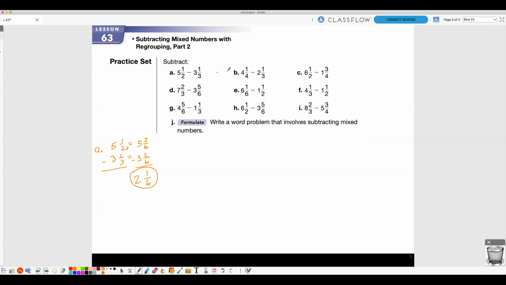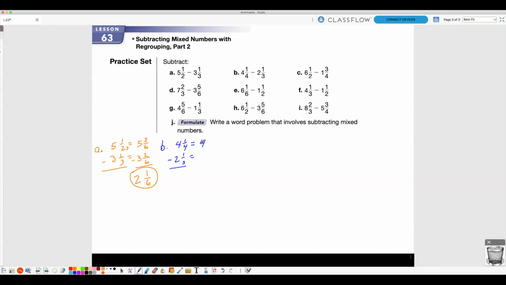Go ahead and do letter B, 4 1/4 minus 2 1/3. All right, so if I've got 4 1/4 and 2 1/3, this is what I'm going to do. I'm going to rewrite it vertically like this. I'm going to put equal signs there because it looks like I have different denominators. And the least common multiple between 4 and 3 looks like 12.